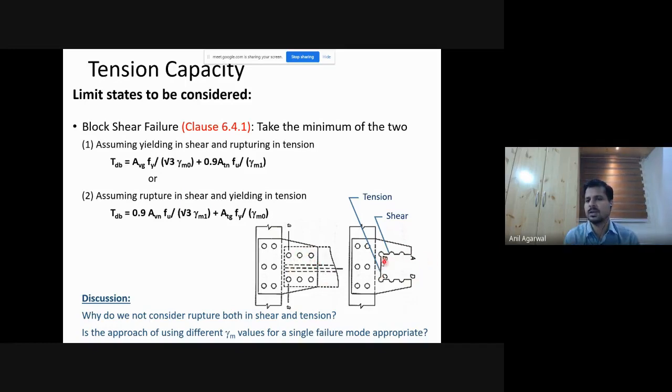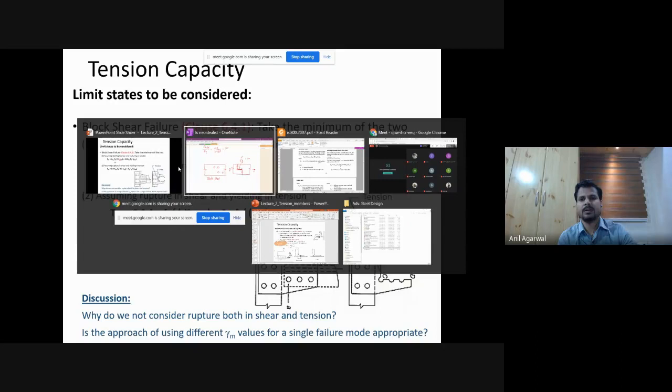That means both of them are rupturing, the tension one as well as the shear one. But why are we saying that the capacity will be considered only up to when one of them ruptures, but the other one has only yielded? Does anybody have an answer?